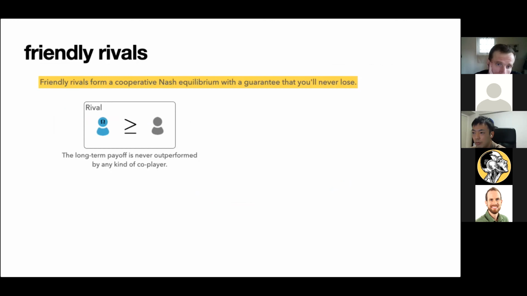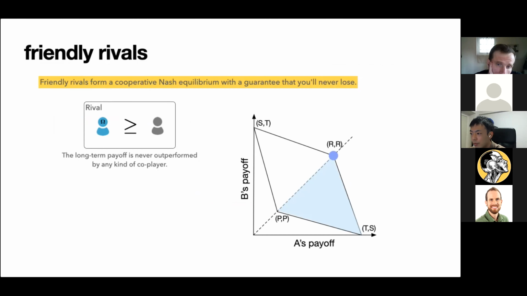We can check if a strategy is a rival or not by some graph theoretic calculations. This plot shows the payoffs of player A and B. When A is a rival, B's payoff cannot exceed A's payoff. So the payoff is limited to this shaded area below the diagonal.